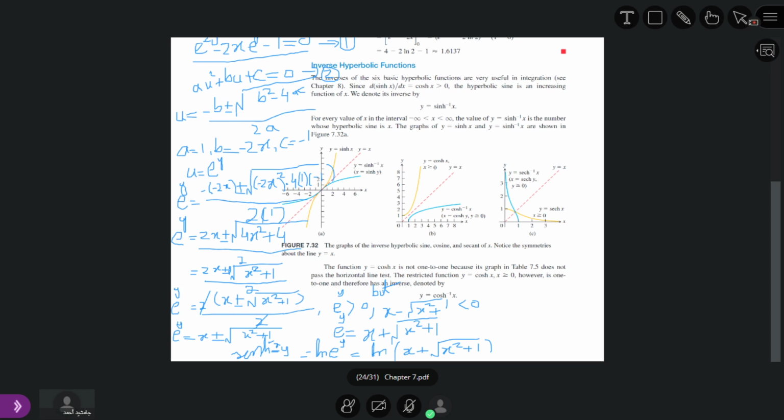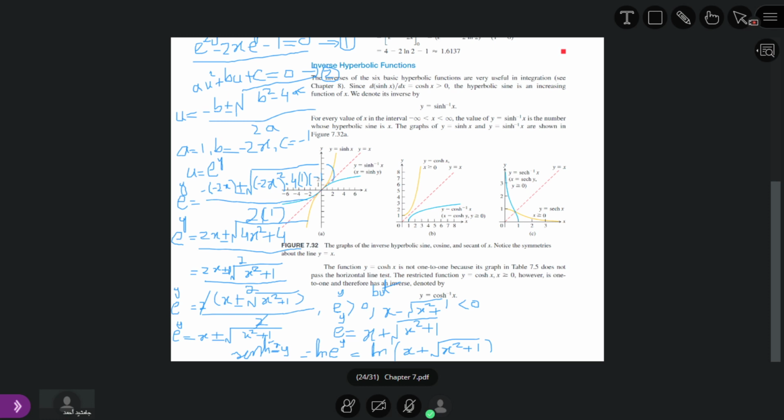Next, we take sine hyperbolic y on both sides. So sine hyperbolic y is equal to sine hyperbolic of sine hyperbolic inverse x. Sine hyperbolic and sine hyperbolic inverse are inverses of each other, so we get just x. That is why we have here sine hyperbolic y equal to x.